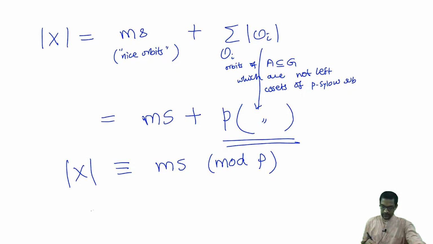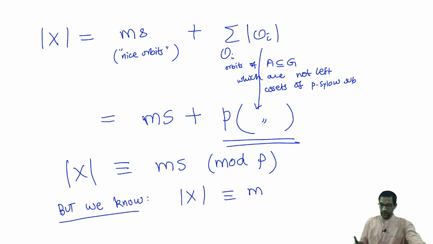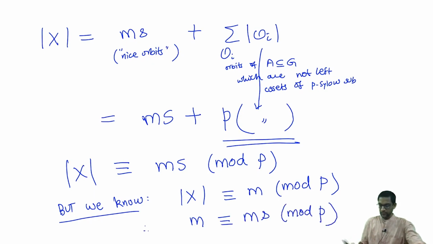Okay, but observe, we already know something, and this is the fact I recalled right in the beginning, that the cardinality of X by our other arguments is already congruent to m modulo P. Okay, so therefore we conclude that the number m and ms had better be congruent to each other modulo P, and well, we're almost there.